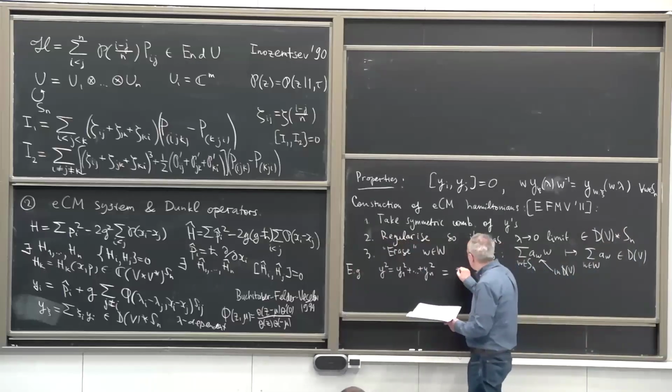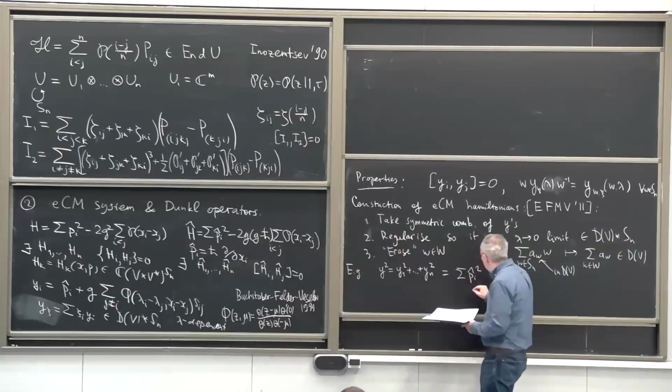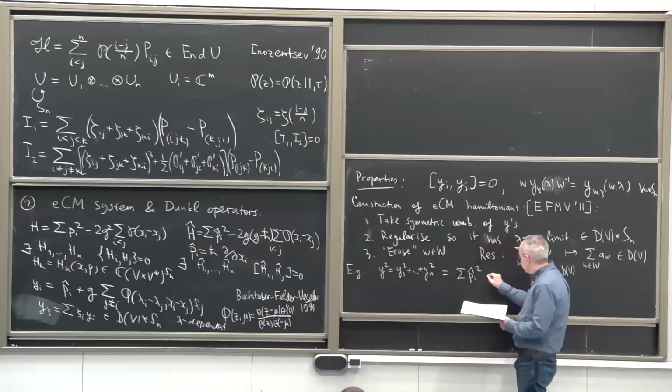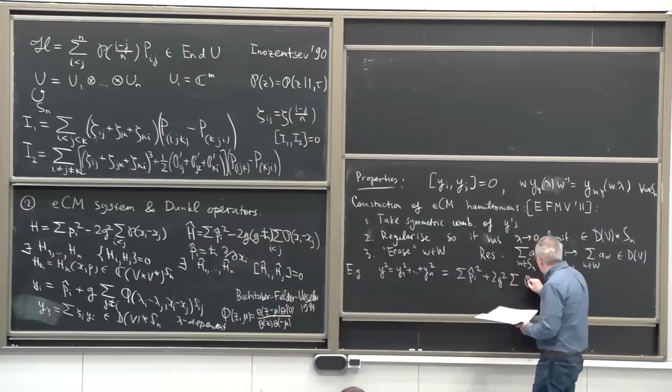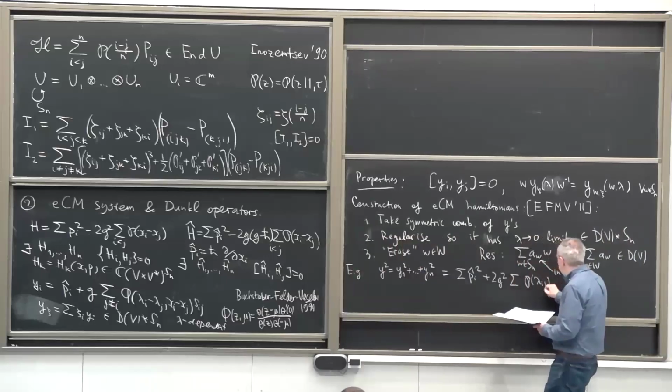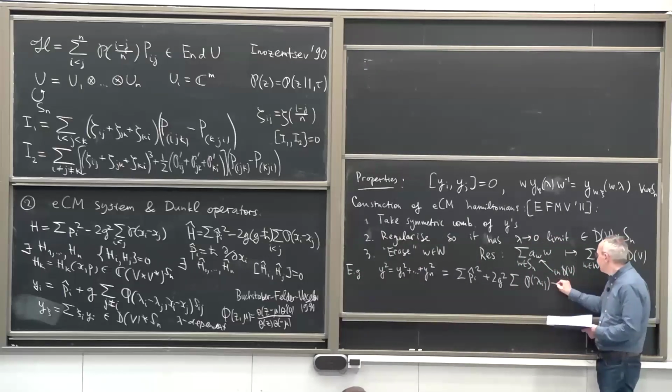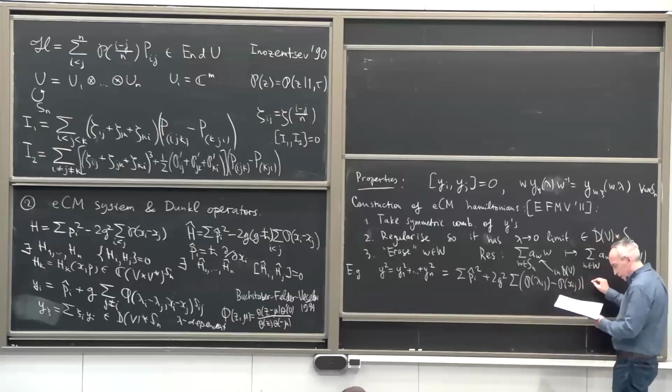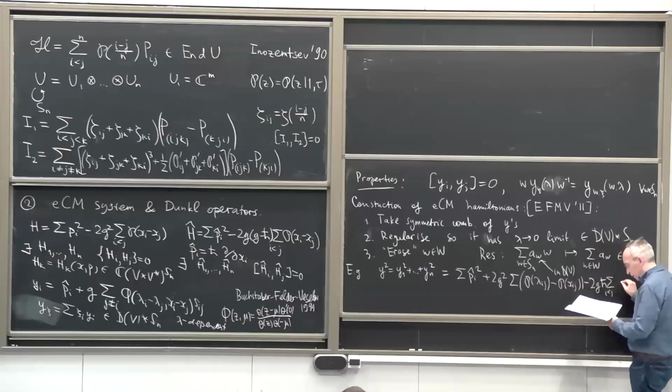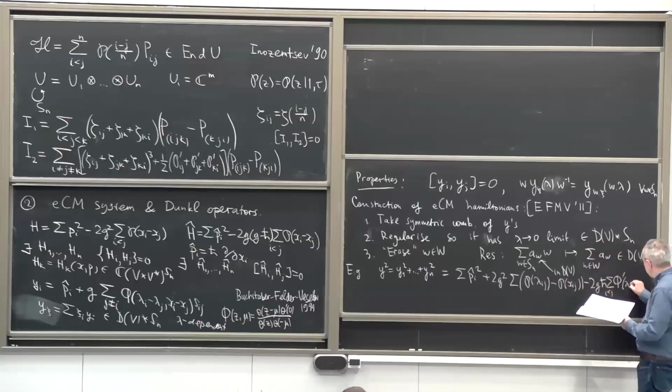So what you get is the sum of squares of momenta, and then you get something like the sum of the function of, I will use the shorthand notation for pairwise differences. And then there is something like minus 2g h bar, sum over i less than j of phi prime, derivative of that Kronecker function of lambda ij, xij, sij.